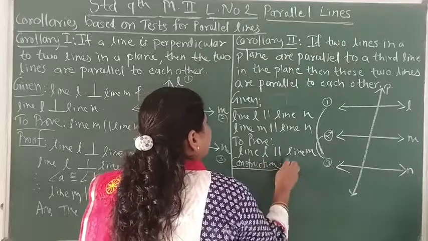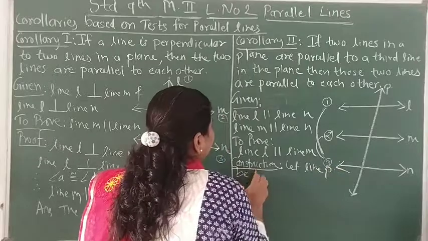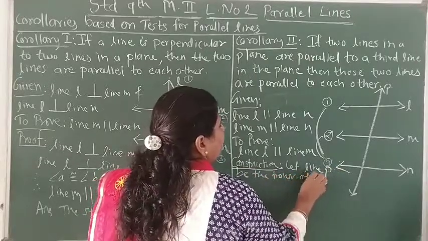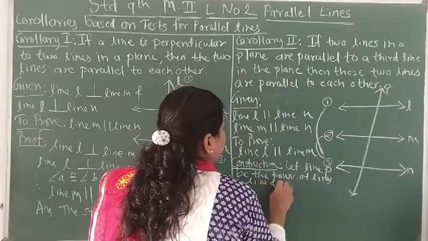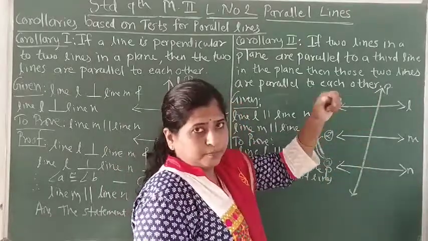Construction: let line P be the transversal of lines L, M and N. Now, along with this transversal, we need some angles.